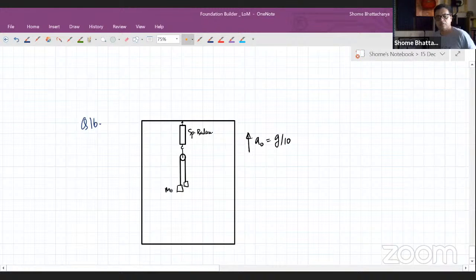Let's say M1 and M2, and P is a massless pulley. So we have to find the reading of the spring balance.